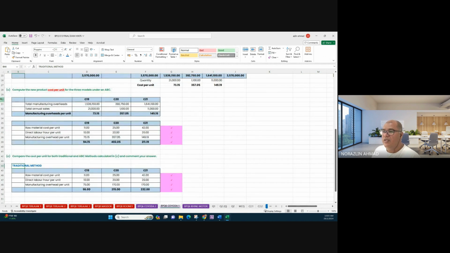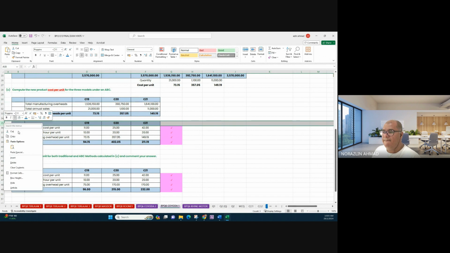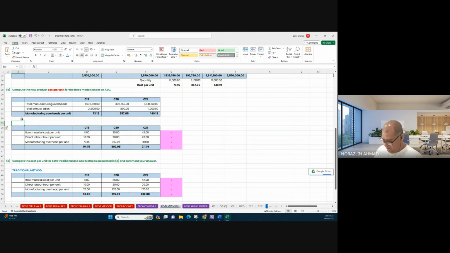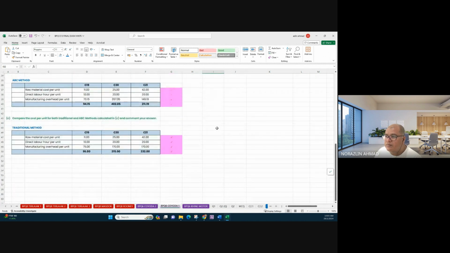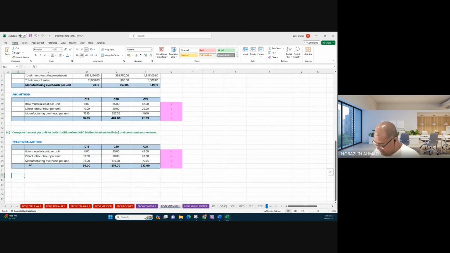Okay, this one is activity-based costing method. Okay, this one is the difference, or the variance analysis.